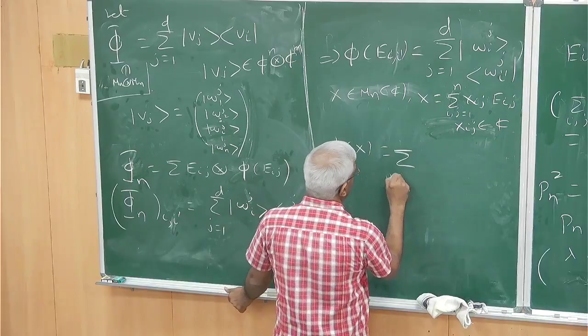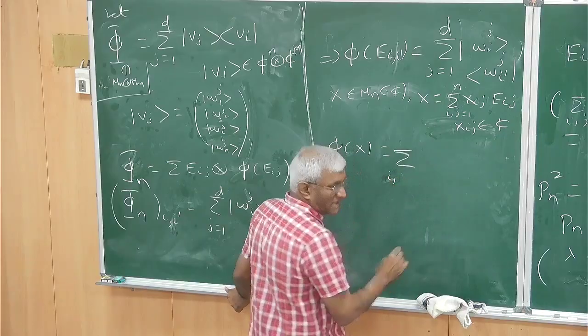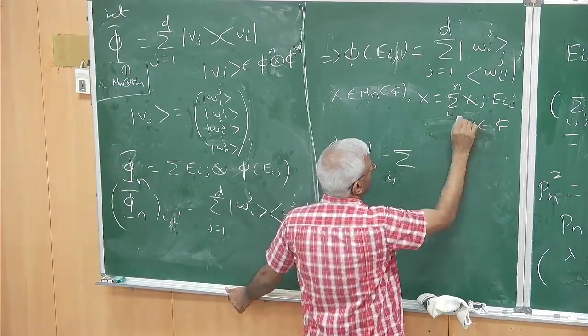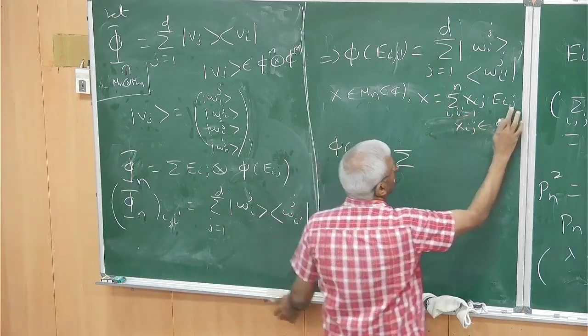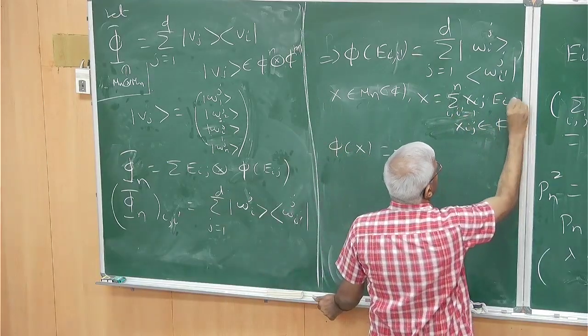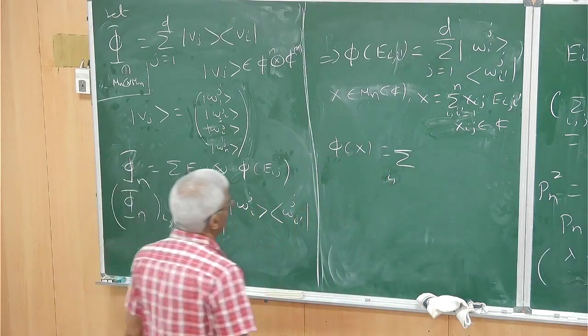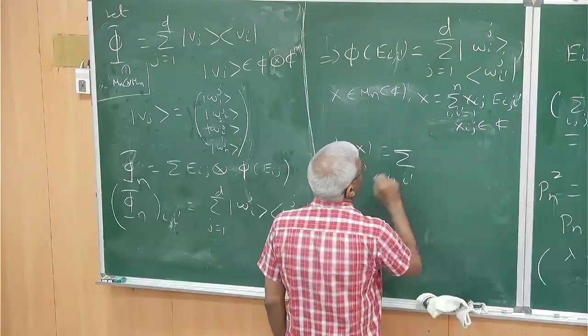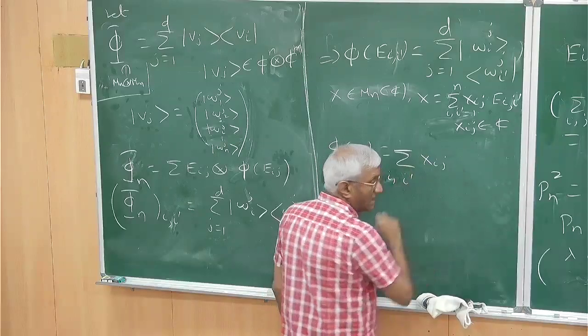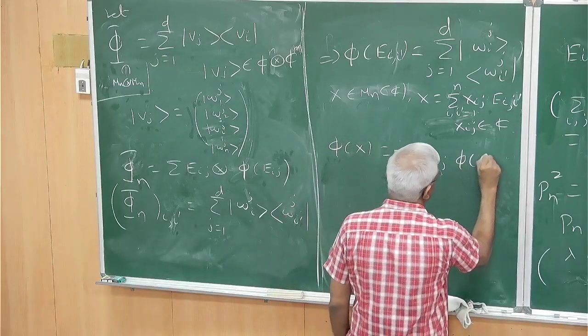Summation over I prime, since I have to use I prime; j I'm using for something else. The x's are scalars, so you get this one.